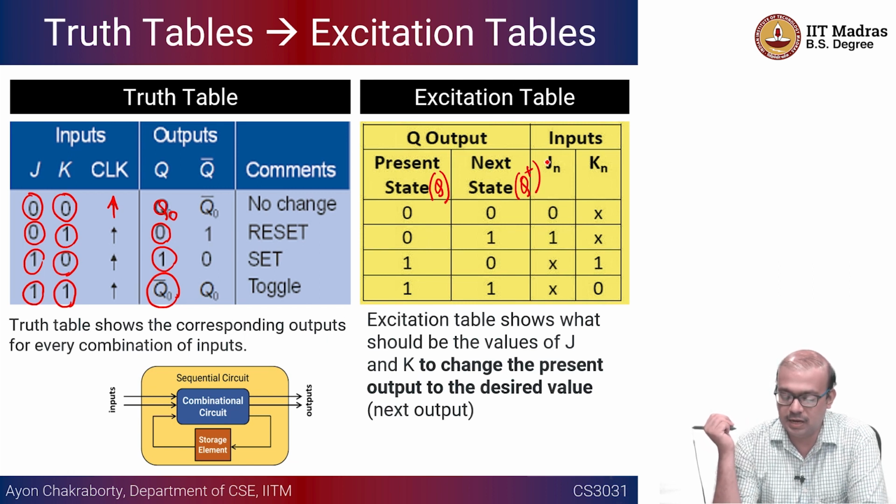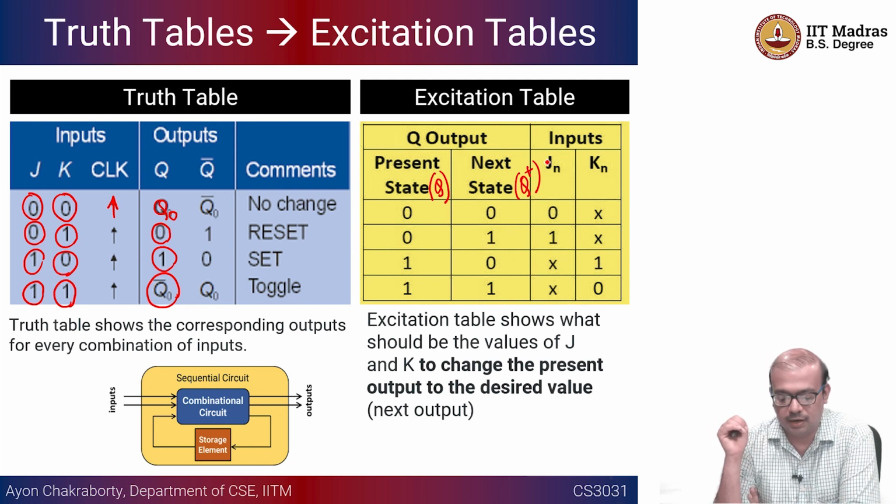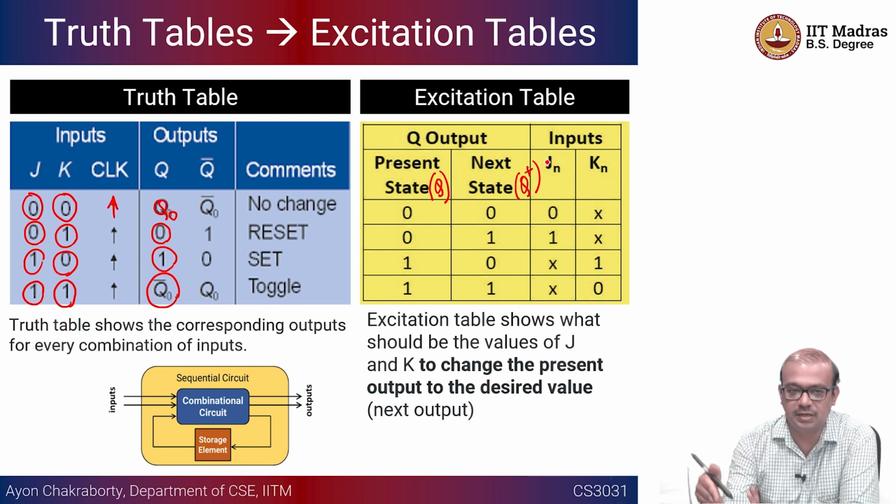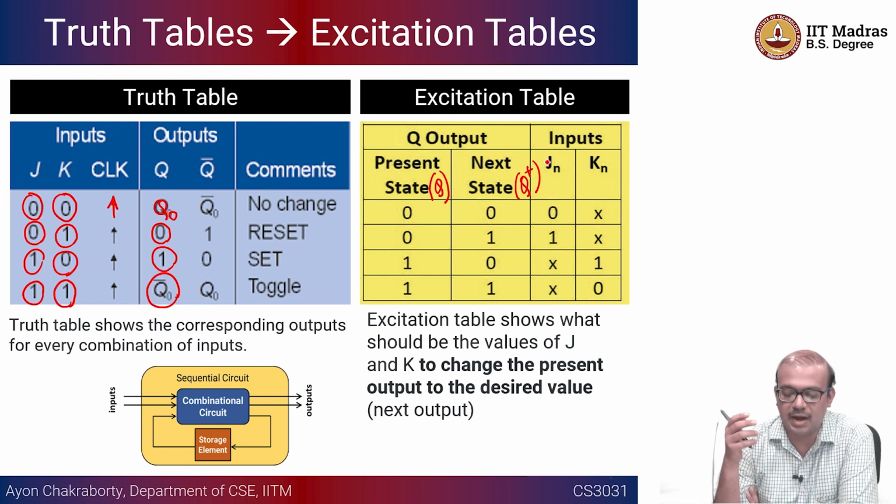And the inputs to the circuit are the J and K of the flip-flop. Depending on how many flip-flops you have, you might have multiple flip-flops to make a sequential circuit. We will take a look at those designs very soon. You might have multiple J and K inputs. If you have only one flip-flop, of course the excitation table is going to represent the characteristics of a single flip-flop. In that case, we are just going to have one J and one K.